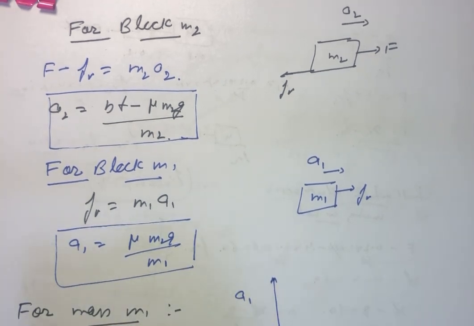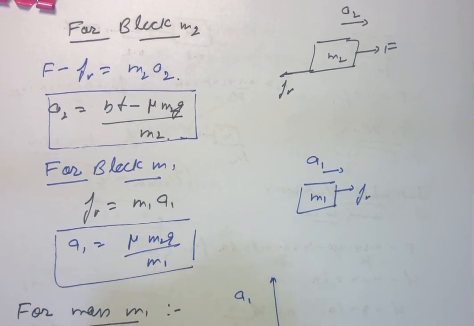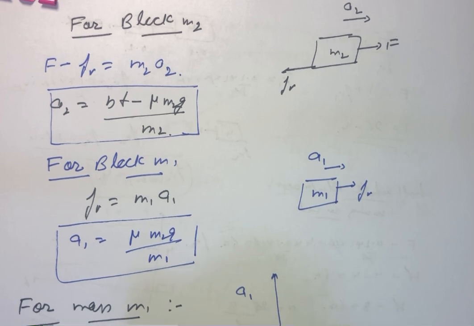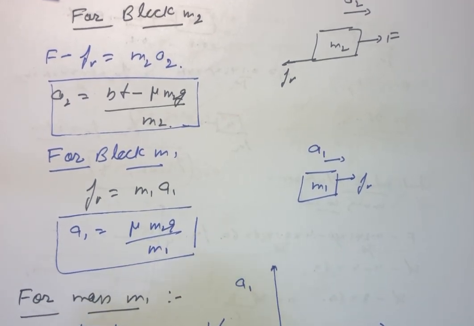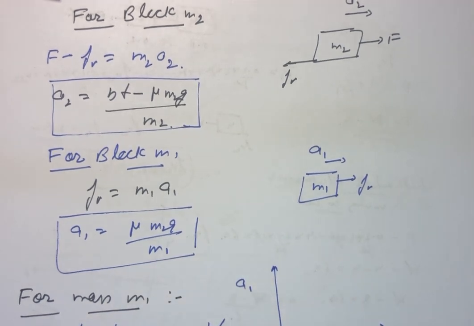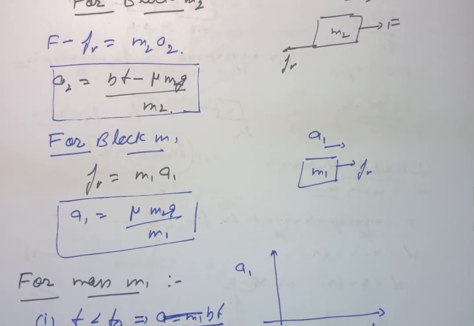First is, for the first condition, t is less than t naught. So under this condition there is a common acceleration a, which is given by bt divided by m1 plus m2. Okay, sorry, this is not acceleration, acceleration is given by bt divided by m1 plus m2. This is a common acceleration a.